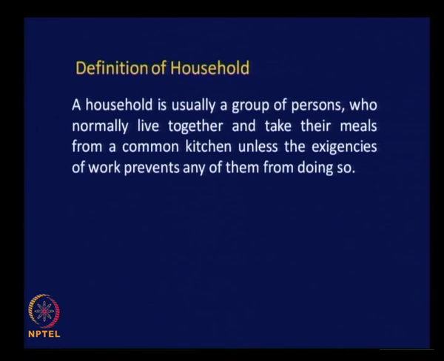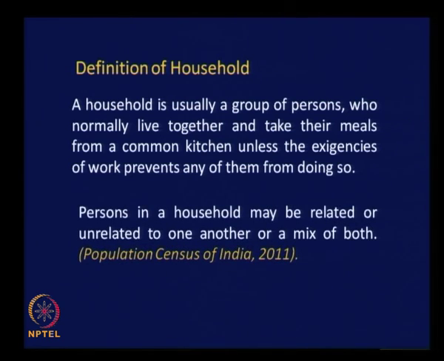That is what is indicated here, but the general condition is all should have food from a common kitchen, right. And this is not the end of the definition. Some additional information is also given about households. Persons in a household may be related or unrelated to one another or a mix of both. It is a very interesting point.